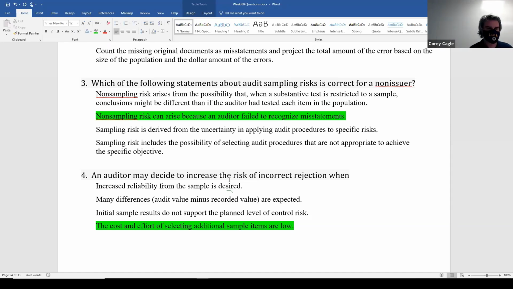A wouldn't work because A says non-sampling risk arises when a substantive test is restricted to a sample, and conclusions might be different had we tested everything. That is sampling risk, right? So just highlighting the whole know the difference between sampling versus non-sampling risk, weird as it may be.